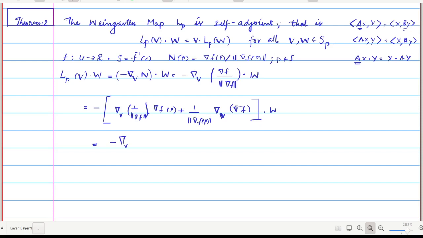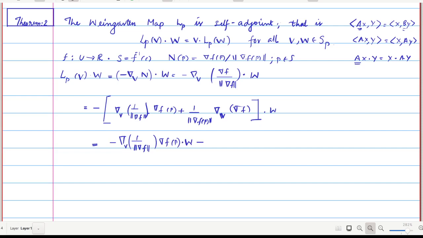When you evaluate this, you get minus del V of 1 by norm del f times del f p, dot W. W is here, so we can distribute this dot product and also distribute this minus sign.